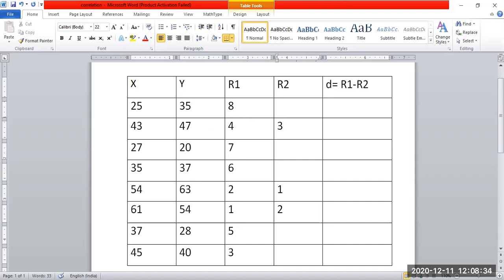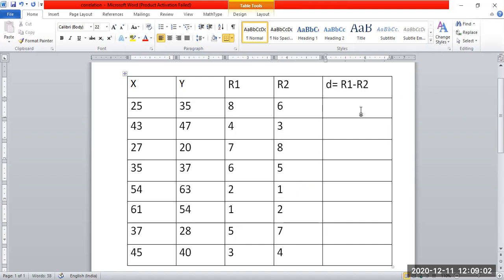The fourth rank is 40. Then the fifth rank, 37. Sixth rank 35. Seventh rank 28. Now the last one, 20, is the eighth rank.